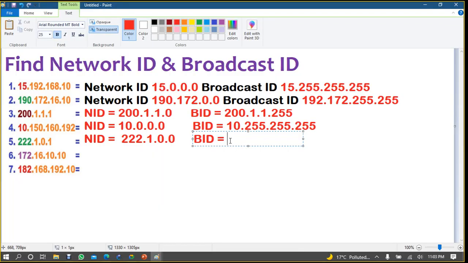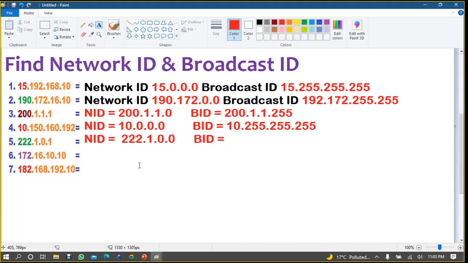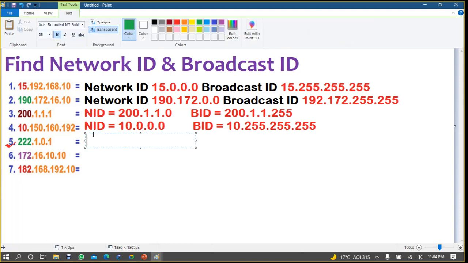Now here, this number 5, this IP belongs to which class? Tell me. This number 5 belongs to which class? This belongs to class C. So if I'm talking about class C network ID, the NID is 222.